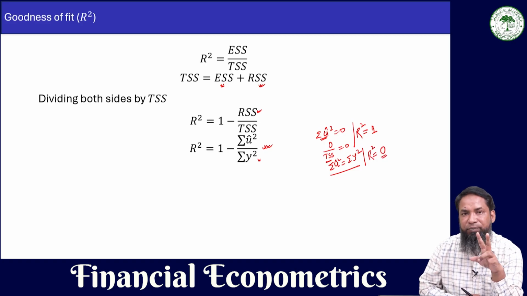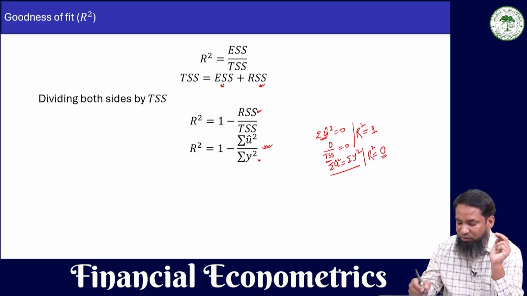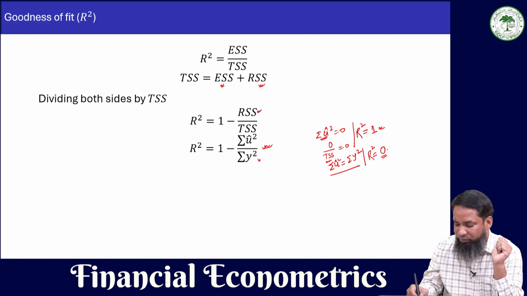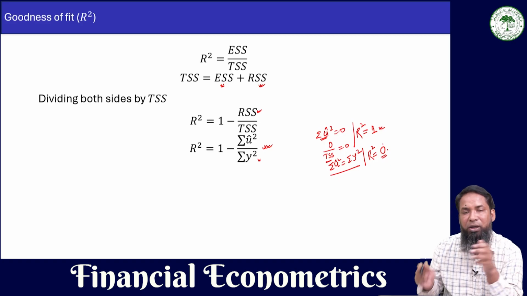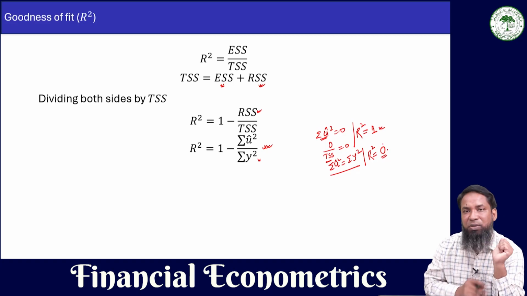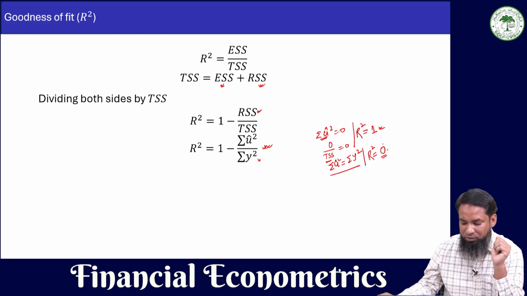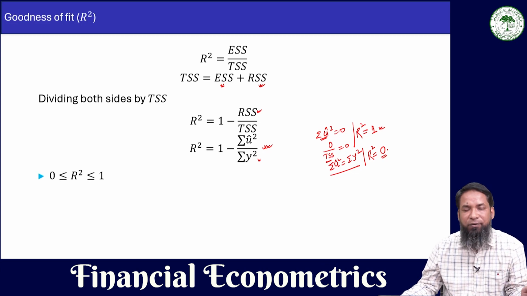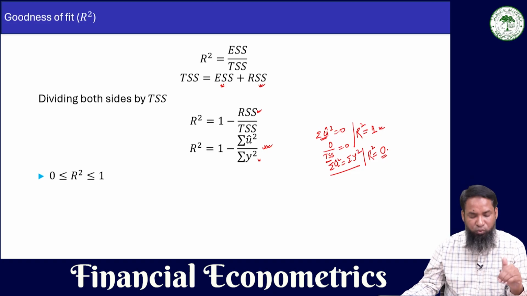So we have two extreme cases: when r square is equal to 1, where all the variation is being explained, and another where r square is equal to 0, where nothing is being explained by the estimator. Therefore we can write that r square varies from 0 to 1.